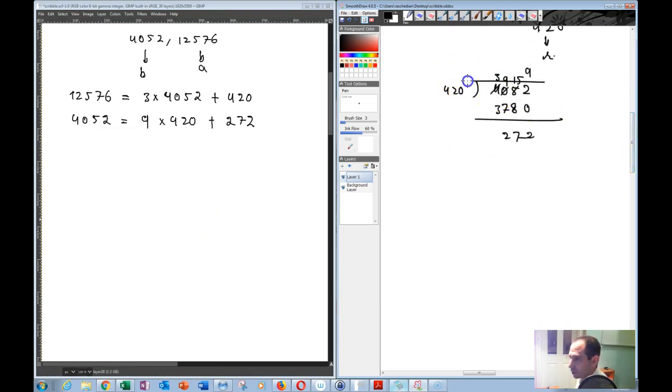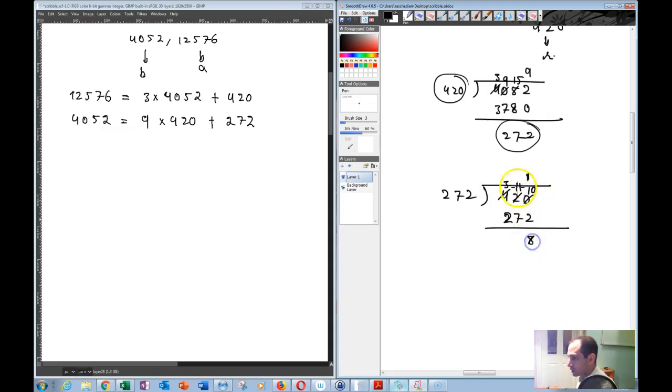Then the next thing that I do, I take this number and divide it by this remainder. So 420 divided by 272. Two times would be 400 and 500 something, so 1 times would be 272, and then what you will get over here is a 3, a 12, 11, and a 10, so 8, 4, and 1.